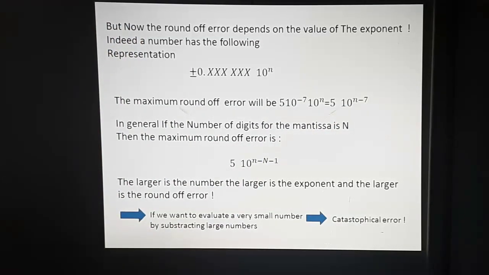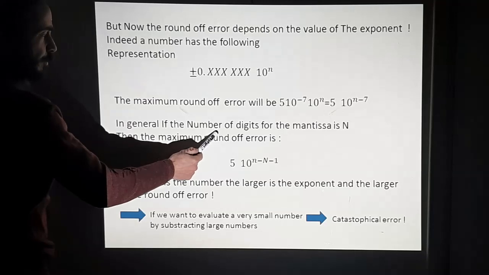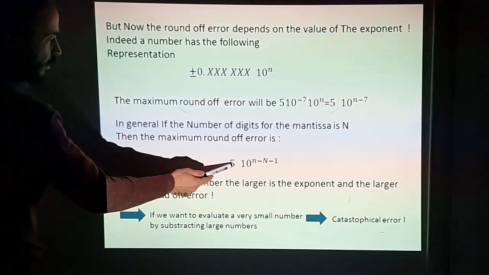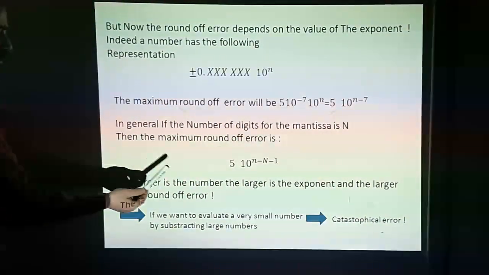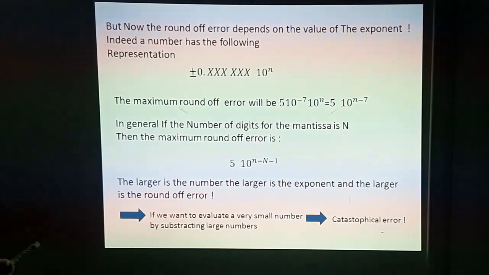So the larger is the number in a floating point representation, the larger is the round-off error. In general, if you use N digits for the mantissa, then the round-off error with this representation is 5 10 power n minus N minus 1.